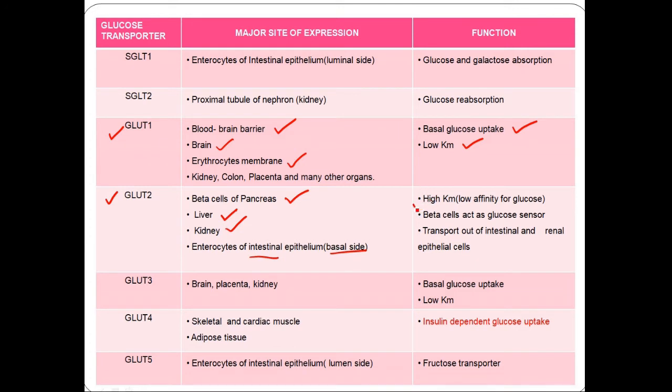This GLUT2 has a high Km value, that means it has low affinity for glucose, which means only when glucose is present in high concentration will GLUT2 be involved in transport of glucose. Because of this reason, GLUT2 acts as a glucose sensor in the beta cells of pancreas and helps in insulin secretion. And it is also involved in transport of glucose out of intestine and renal epithelial cells.